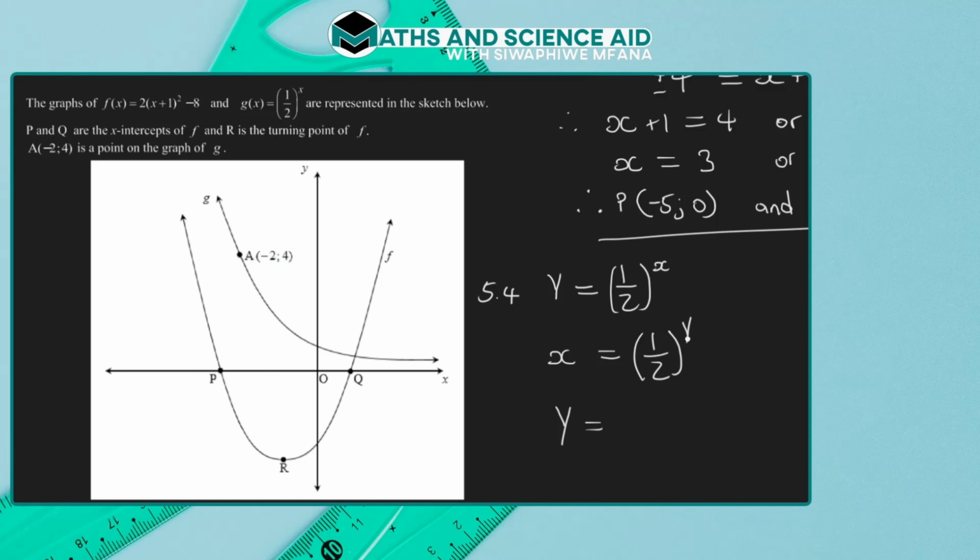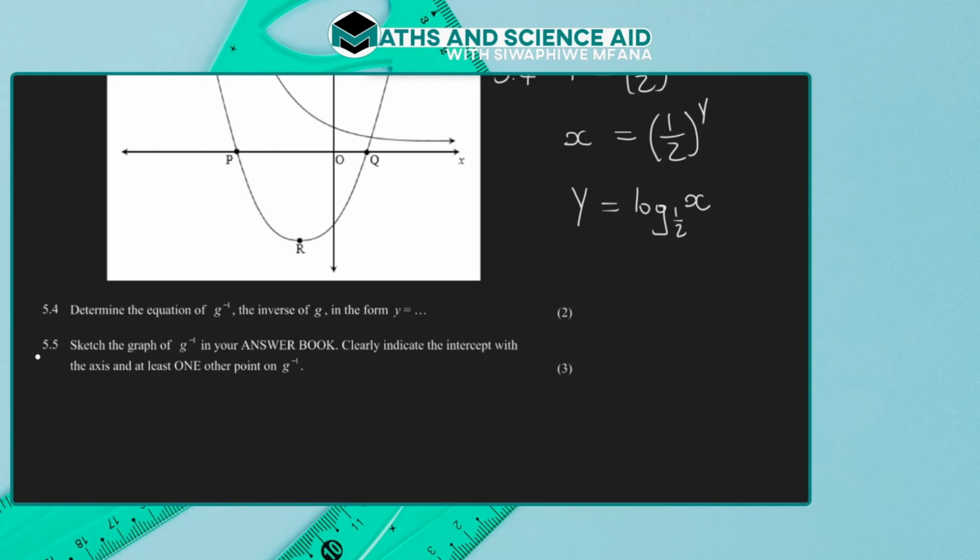So we will have y is equal to log with the base of 1 over 2, because 1 over 2 is the base here, and then inside the log we just write x. So this would be the inverse of g.